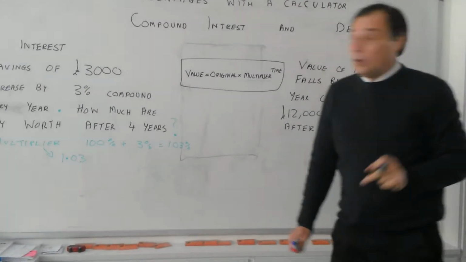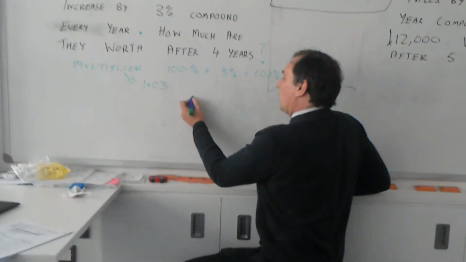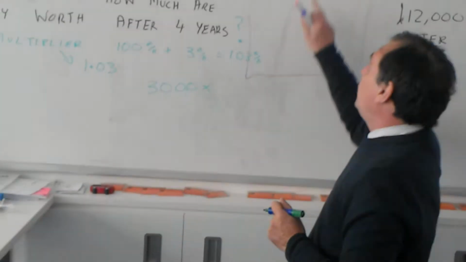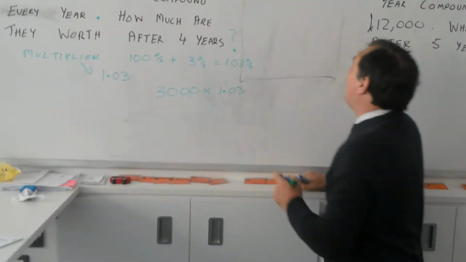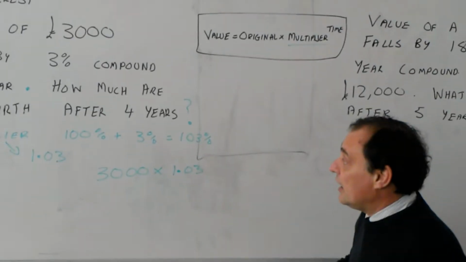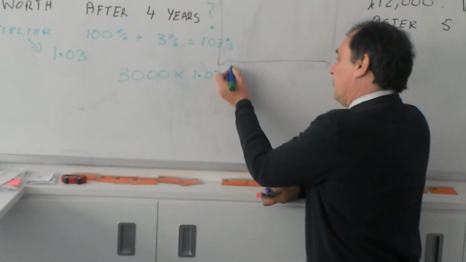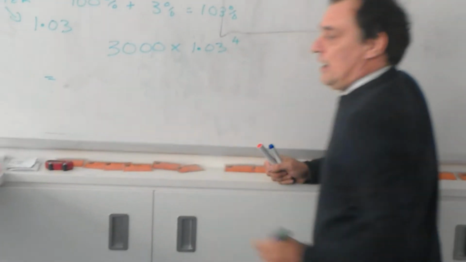Now our original is 3,000. So we're going to have 3,000 here times by the multiplier that we've worked out, which is 1.03. And then the only other thing that we've got to look for is time. So the time is 4 years. So 4 years, raising it to 4, and we've got to put this into our calculator to get an answer.